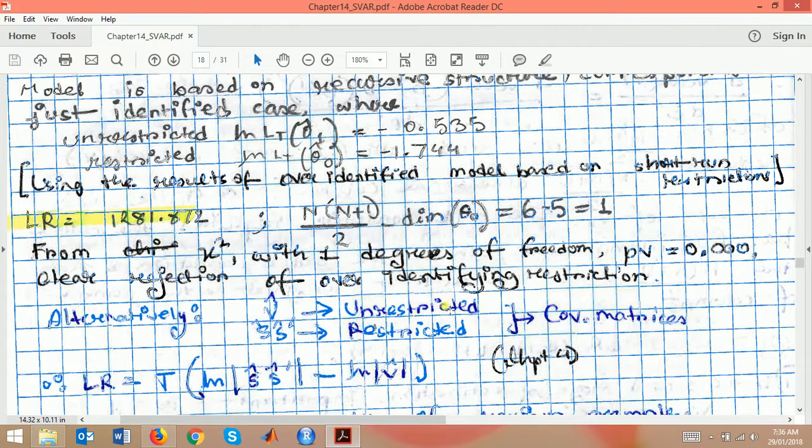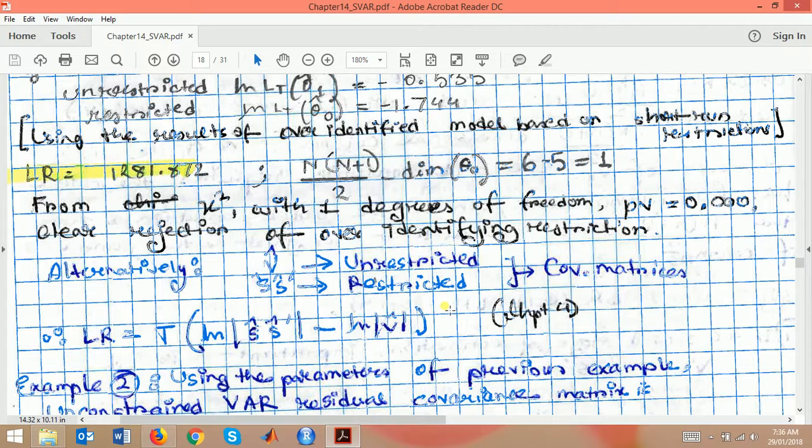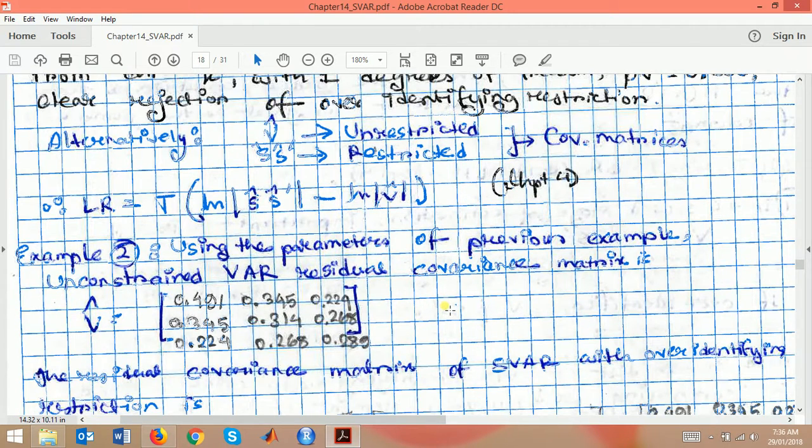Alternatively, omega is unrestricted, SS transpose is restricted. Both are covariance matrices. The log likelihood ratio test is simply the log of SS transpose minus log of omega. So there is an example using the parameters of the example. Our unconstrained VAR residual covariance matrix is this.